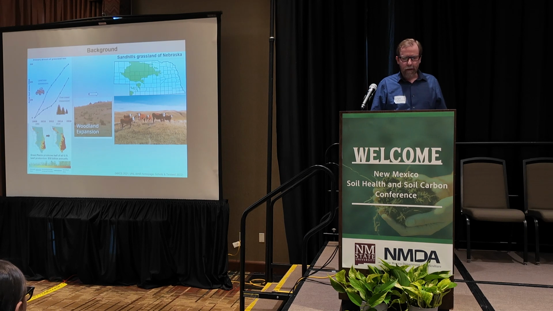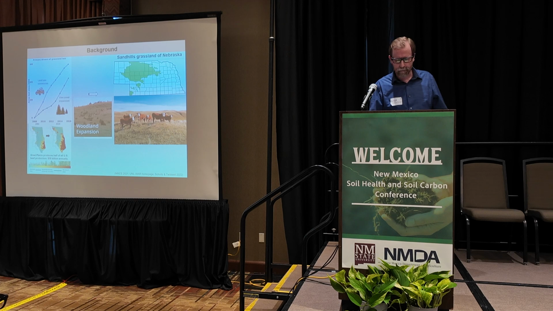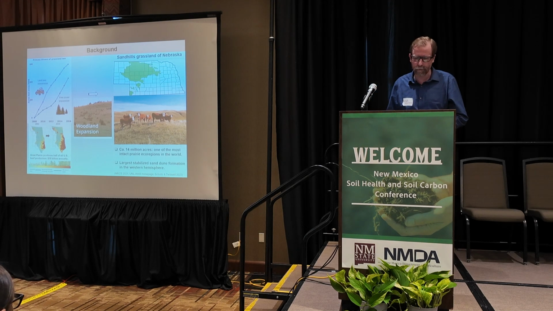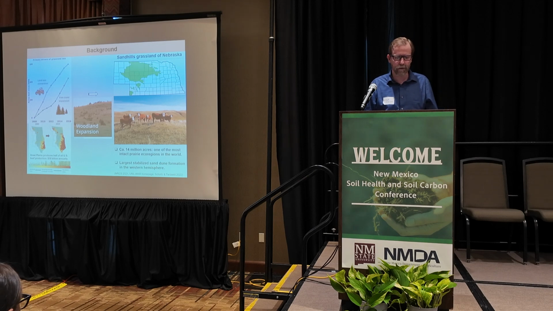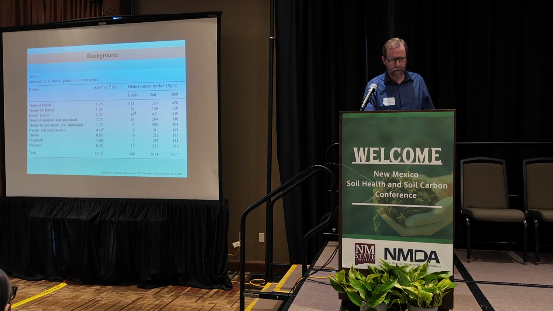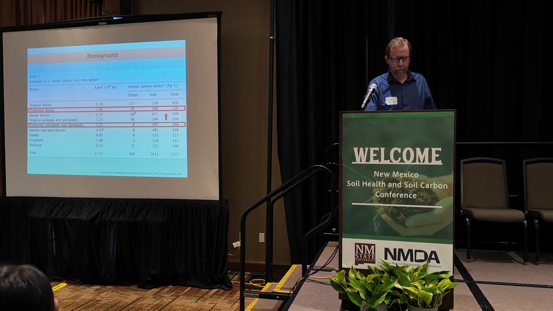And that is an area called the Sandhills grassland of Nebraska. So that's a unique ecosystem. It's 14 million acres of the most intact prairie ecoregions in the world, and it's the largest stabilized sand dune formation in the Western Hemisphere. So in general, if you take temperate grasslands and shrublands and convert this into temperate forest, you're losing carbon, right?